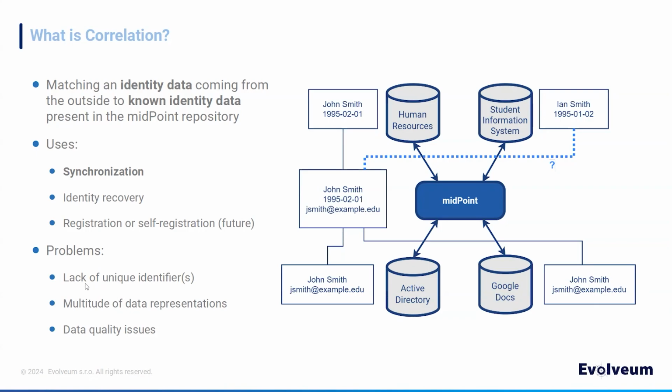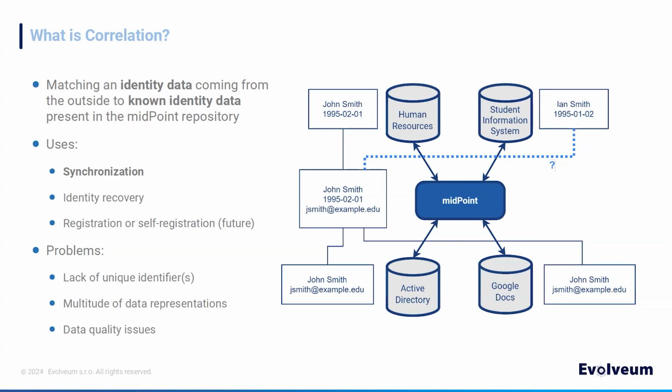Then, even if we have some more or less identifiers, there is a problem of their representations. All the mentioned attributes usually have a variety of those, differing in dashes, slashes, phone number formats. For names, there are diacritical marks, special characters, or the problem of multiple names per person.